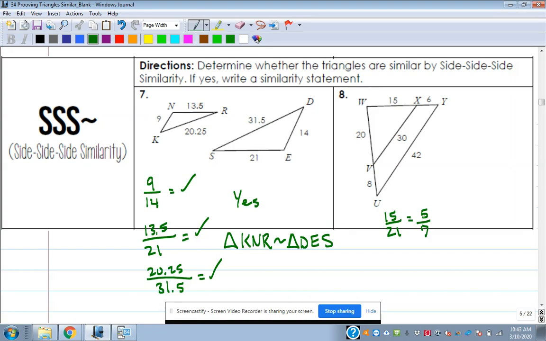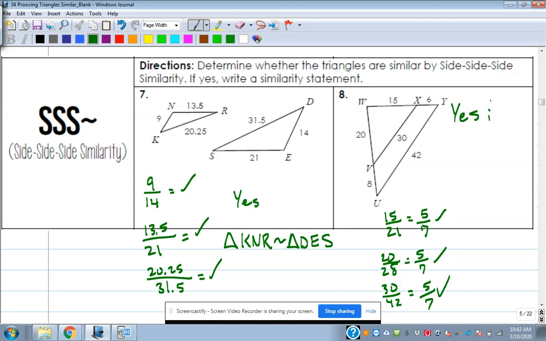So WB and WU, so they 20 over 28. That reduces to be the right thing. We're good there. And then the last one would be 30 over 42. Yeah, get all the same. It's a big yes.